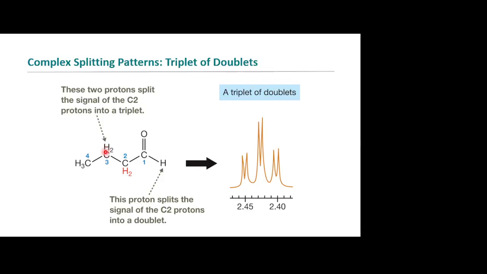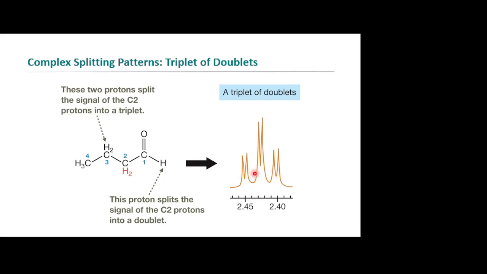And so we get this triplet is being caused by this. So this is the hydrogens we're splitting. This causes a triplet, right? And this is then going to cause a doublet. And so what we end up getting is a triplet of doublets. And so see the 3 sets of doublets? Okay. All right.